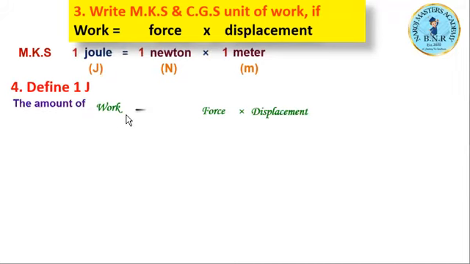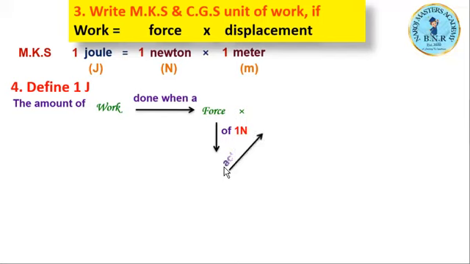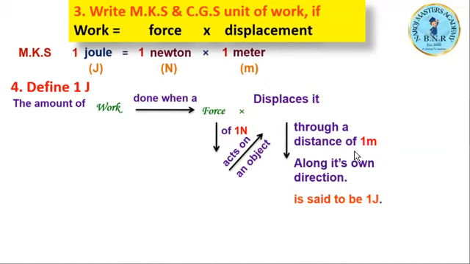The amount of work done when a force of 1 Newton is applied or acts on an object to displace it through a distance of 1 meter along its own direction is said to be 1 joule.